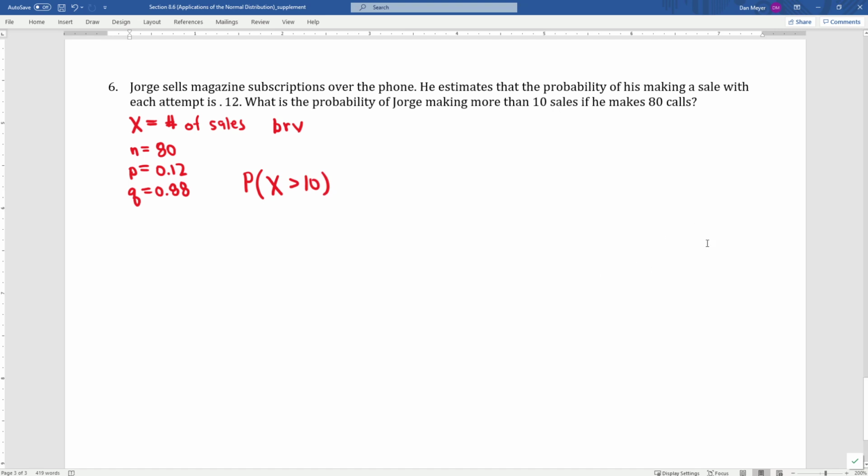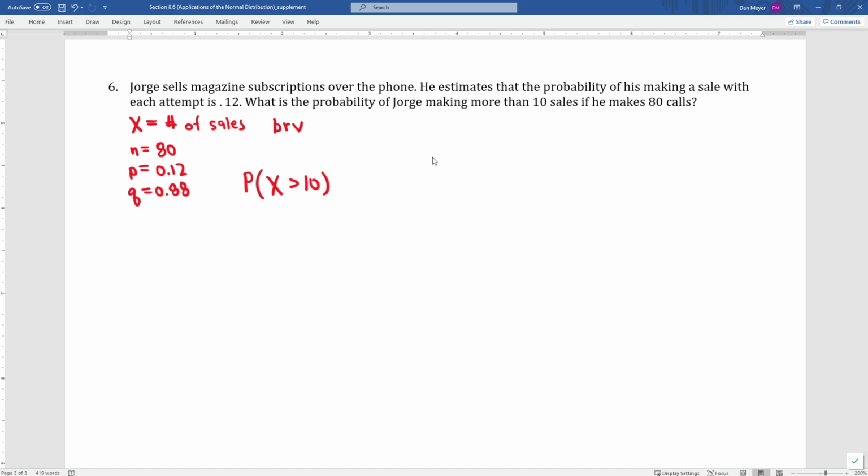Now that partition, if we're trying to treat this like we normally would as a straight up binomial problem, there would be 70 cases for that partition and 11 for its complement. So either way, we're not too excited about doing the partition, and so there's where we would think of doing this normal approximation.